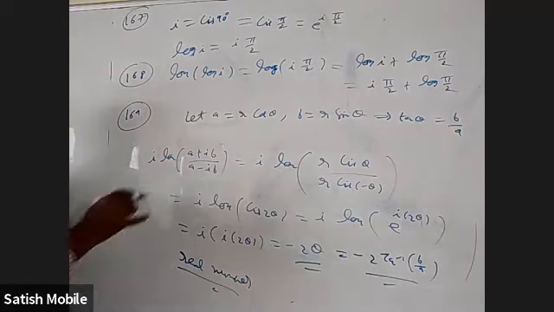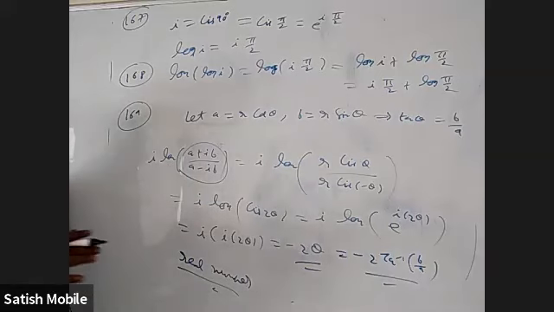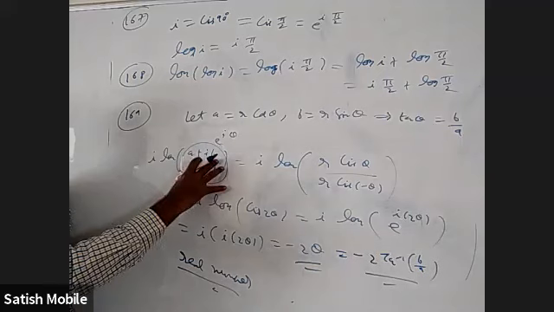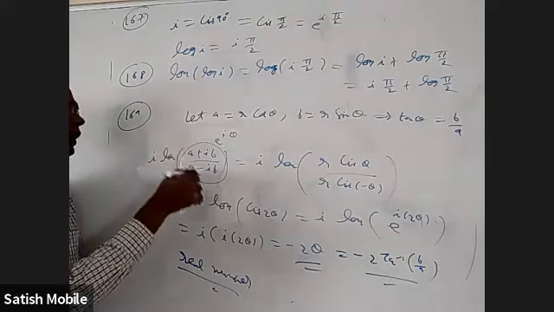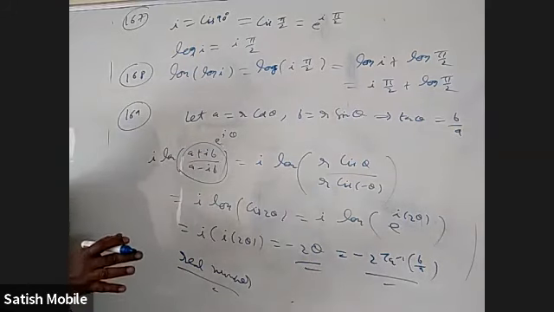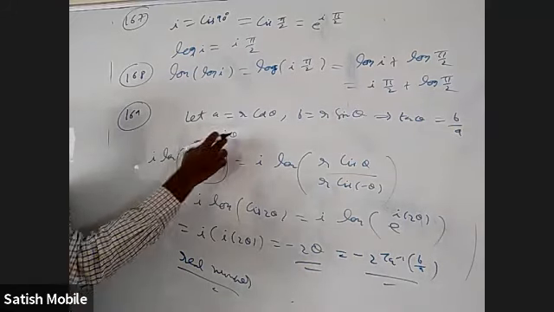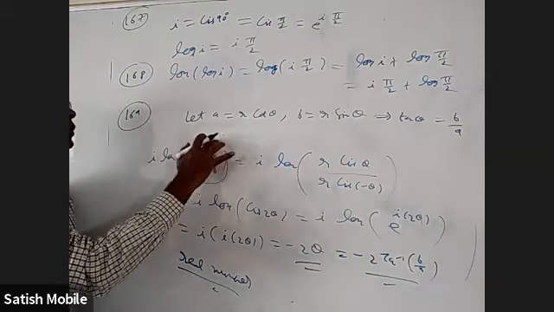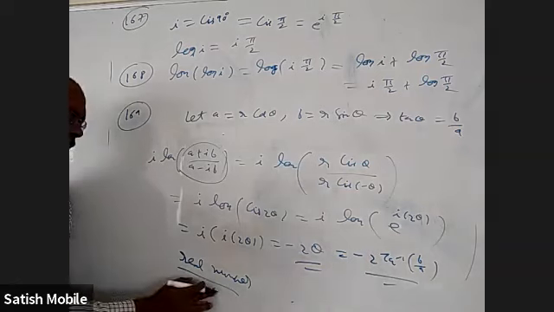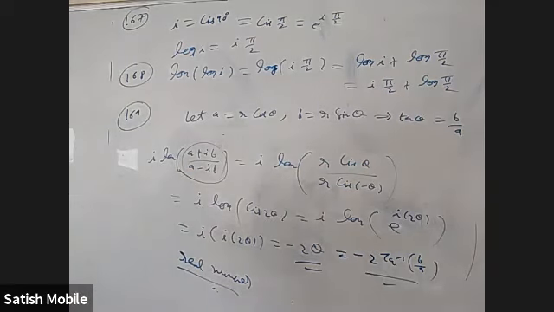You know why? This whole thing is some complex number. It will be in the form of e power i theta. R will get cancelled. You have to understand it is a complex number of magnitude 1. Then it is e power i theta. Log and e will cancel, i theta will come. I into i theta will be i square theta, which is minus theta, which is a real number. That much only. For a real number, argument can be 0 or pi, depending on negative real number or positive real number.